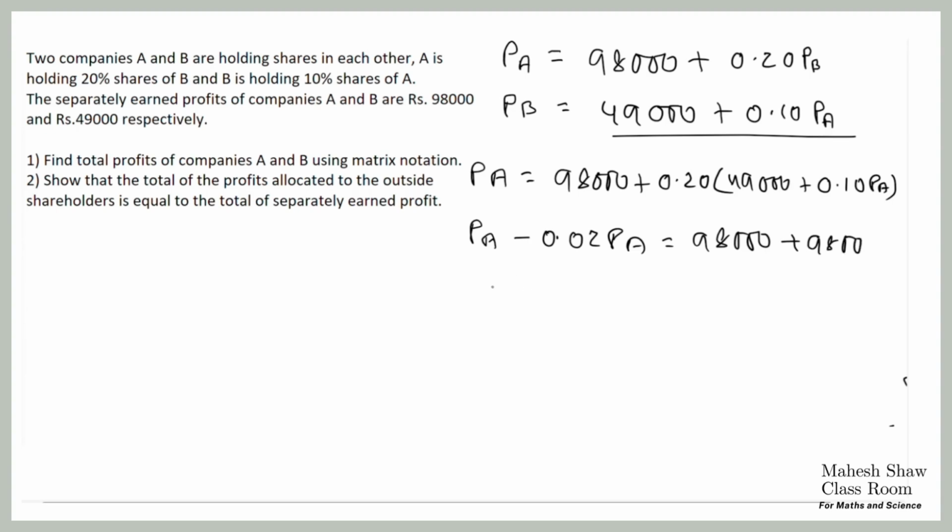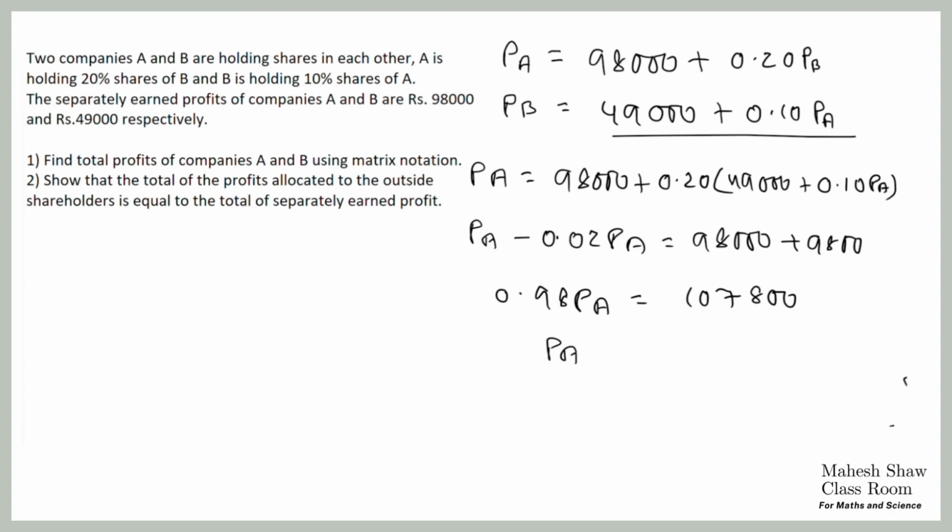So on simplifying, we can write this as 0.98 times PA, and their sum should be 107,800. So from here we can obtain PA, which is 107,800 divided by 0.98.